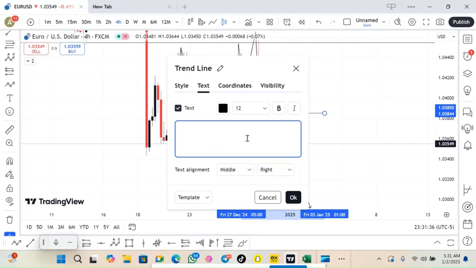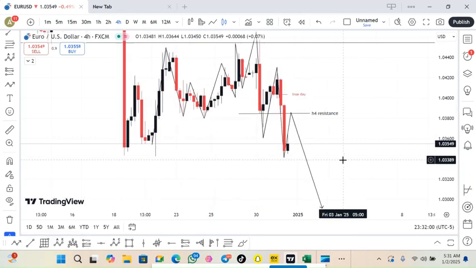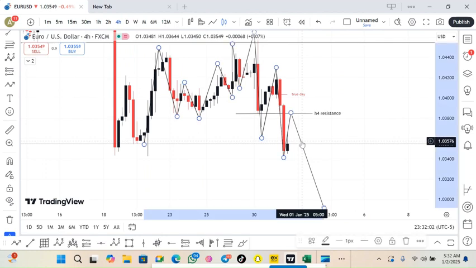So we label this place as H4 resistance. We label this as H4 resistance. So I'm going to take this off.